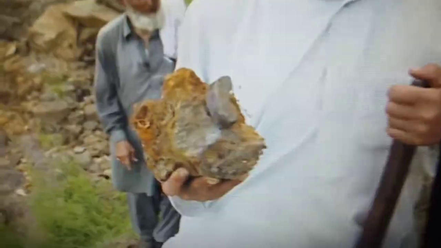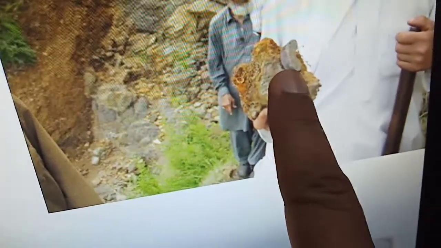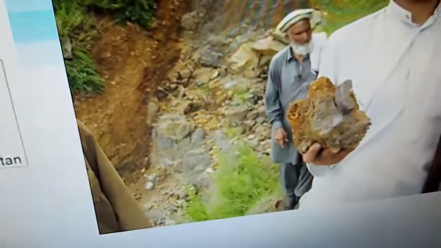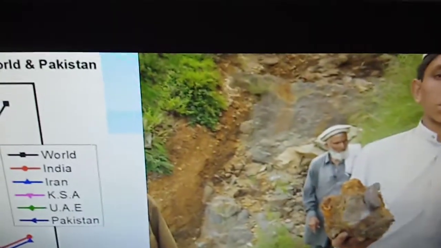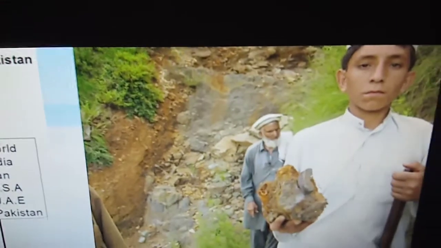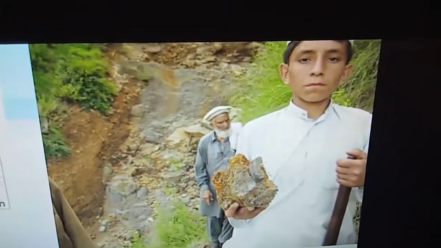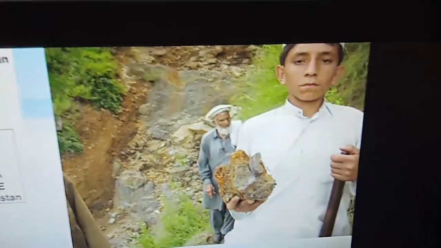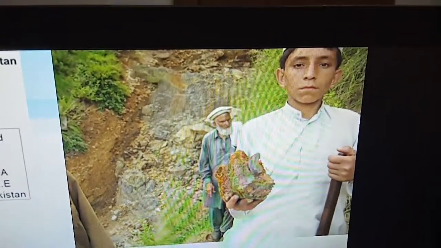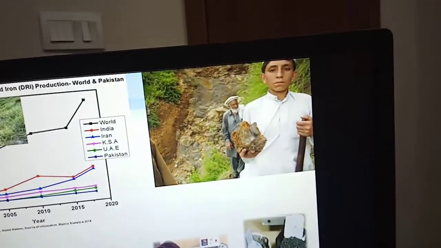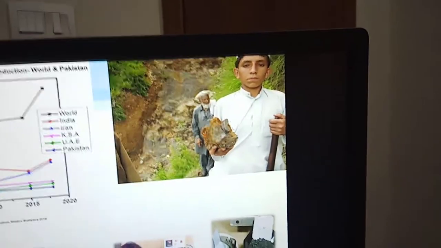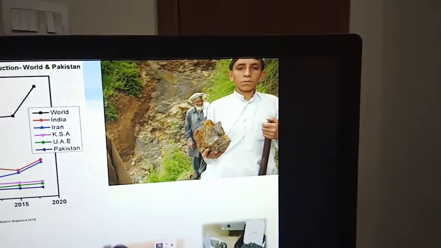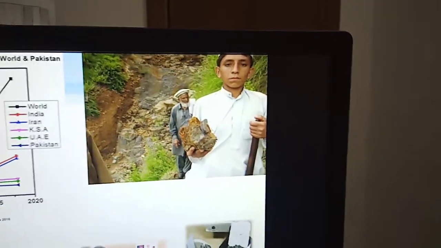You can see this is the magnet, attracted by the iron ore, and this is the deposit which I visited a few years ago in the northern part of Pakistan. It's a huge deposit, about 4 kilometers in length, and anywhere you put the magnet, it will be tightly attracted by the iron ore.